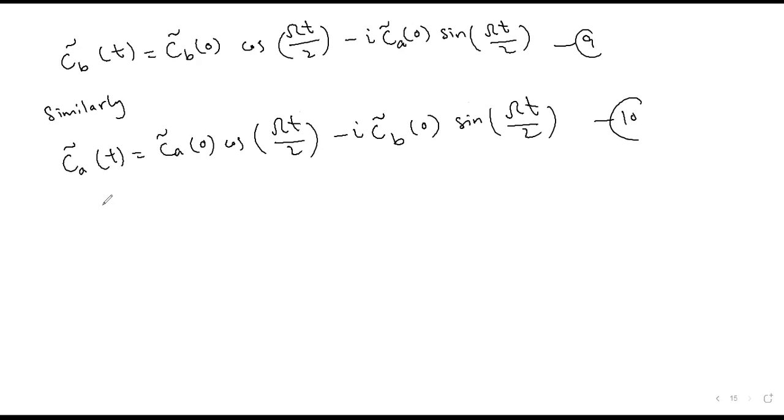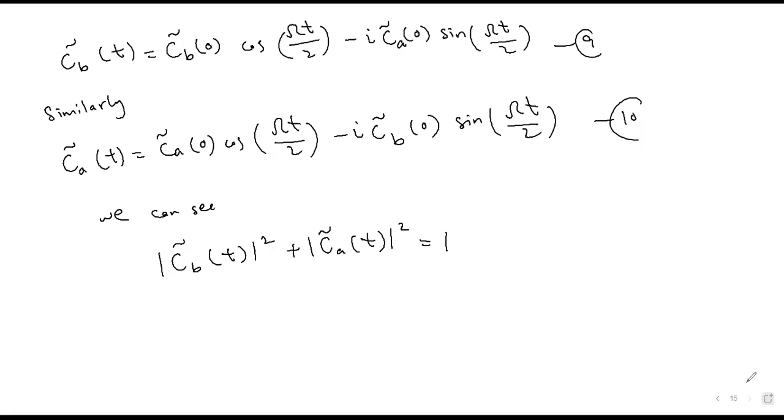And we can also see that the modulus square of Cb(t) plus the modulus square of Ca(t) is equal to 1.